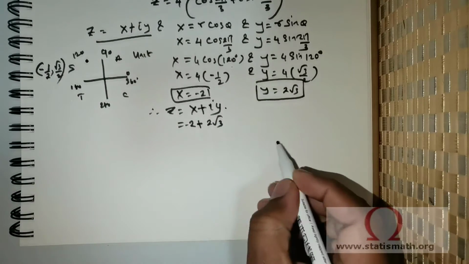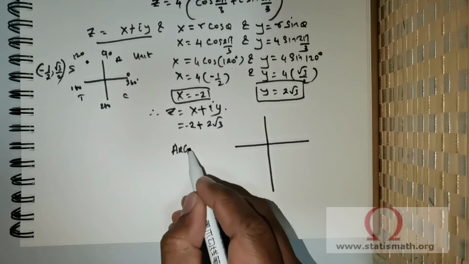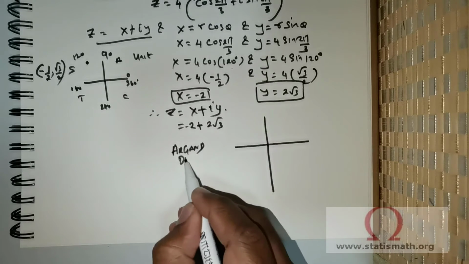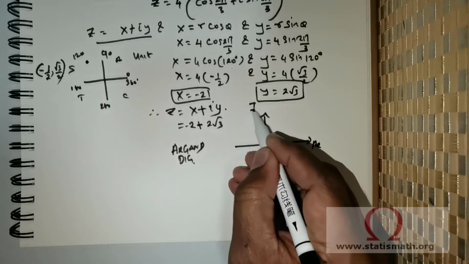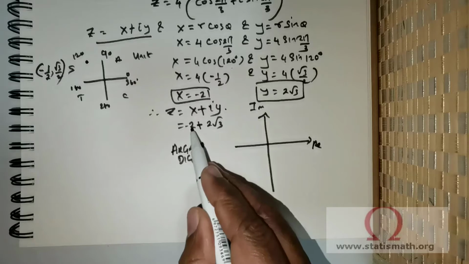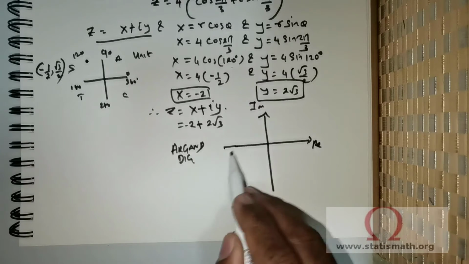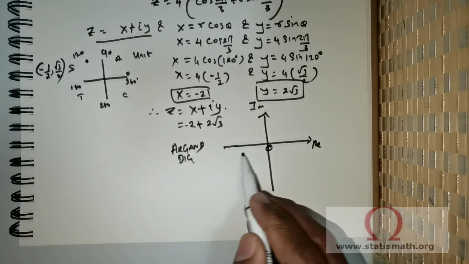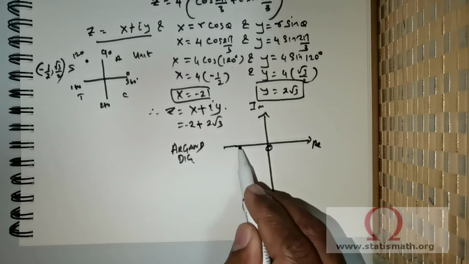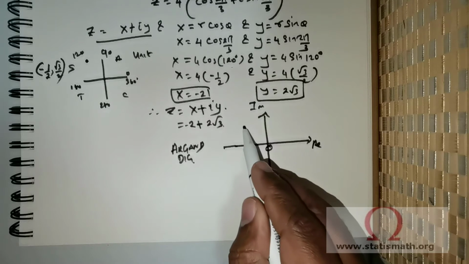If we are going to consider the Argand diagram, this is my real axis, this is my imaginary axis. Negative 2 is coming on the left side of the real axis, that's going to be here, the negative side, and positive 2 times root 3 is going to be on this side.